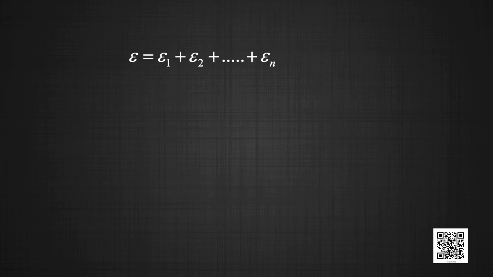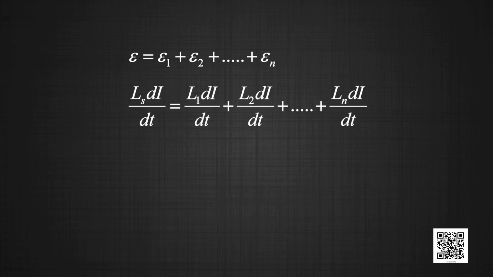Mathematically, E is equal to E1 plus E2 plus E3 and so on till En, which will be equal to Ls, the inductance of the whole series, Ls di by dt, equal to L1 di by dt plus L2 di by dt and so on till Ln di by dt.